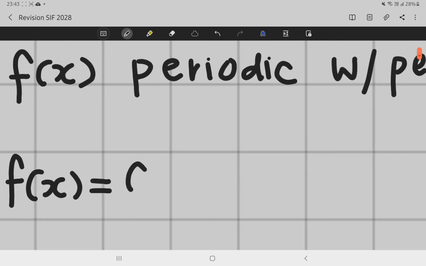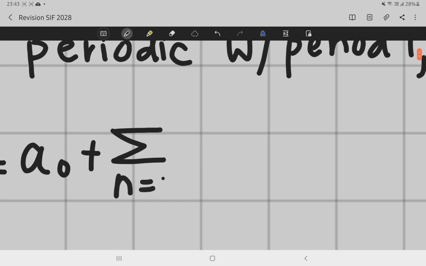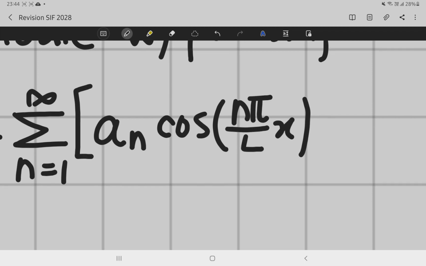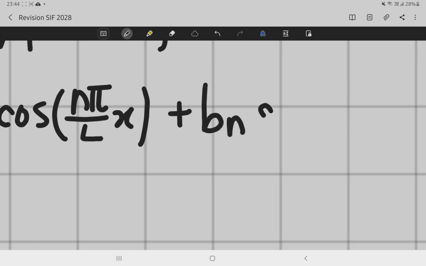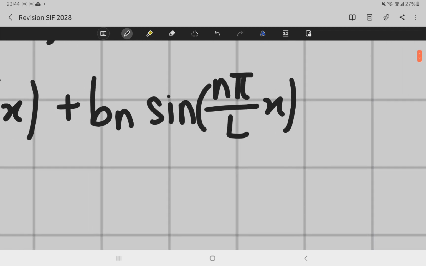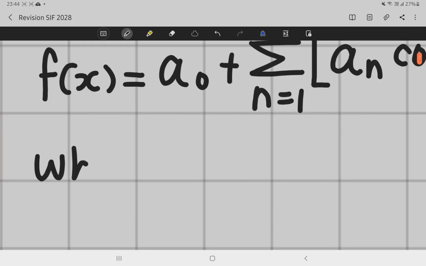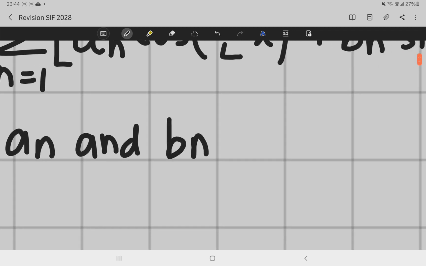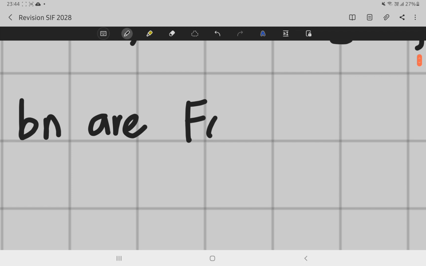We start with a naught plus the summation of n starting from 1 to infinity, of a constant a n cosine n pi x divided by L, plus a constant b n sine n pi x divided by L, where a naught, a n, and b n are Fourier coefficients.